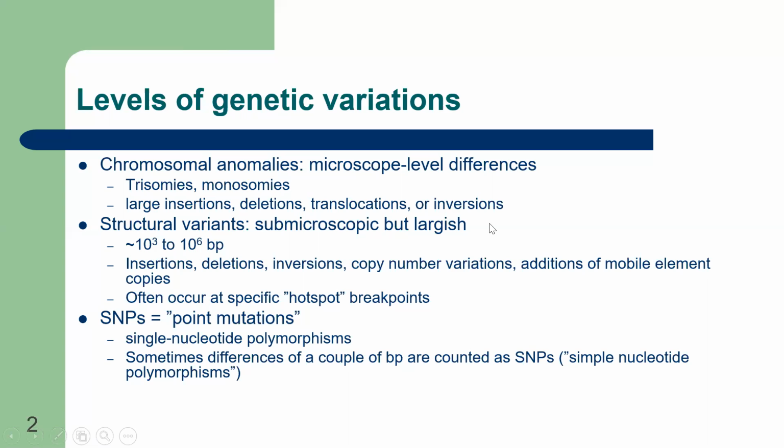Then we have something called structural variants, which are submicroscopic but fairly large, like 1,000 to 1 million base pairs. These are things we definitely see at the sequence level, and the quantity of such variants has become obvious when we have more and more sequence data.